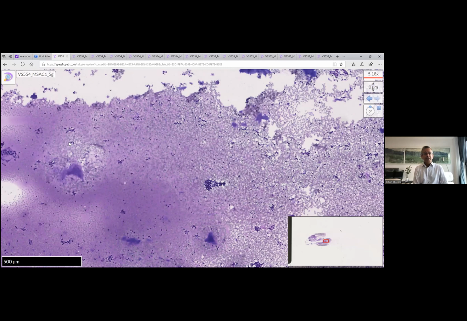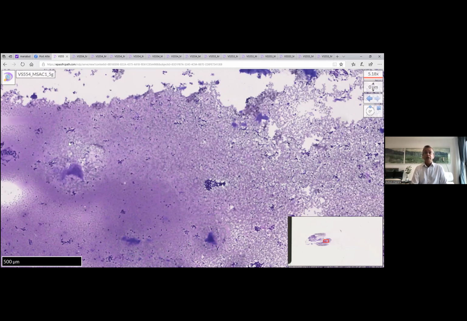It shows up mucin very, very nicely. And so these extracellular components are really helpful in making a diagnosis based on the Giemsa slide.